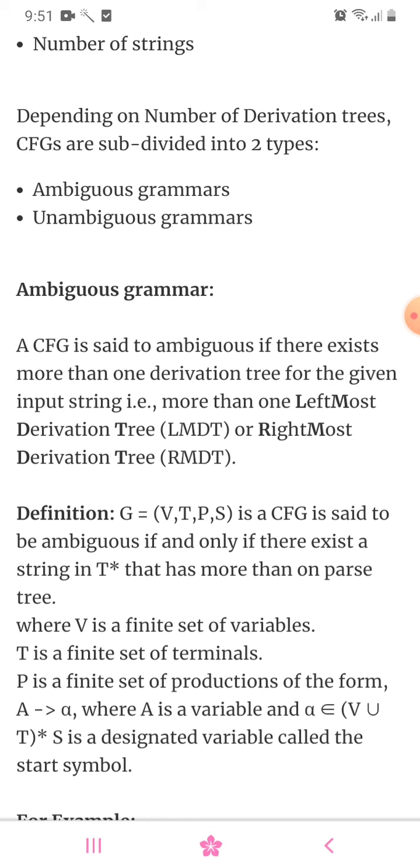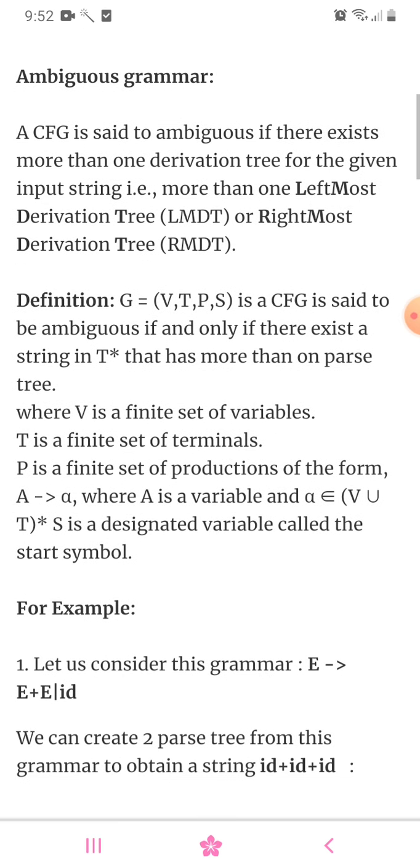A CFG is said to be ambiguous if and only if there exists a string in T star that has more than one parse tree, where V is a finite set of variables, T is a finite set of terminals, P is a finite set of productions of the form A gives alpha, where capital A is a variable and alpha belongs to (V union T) star, and S is a designated variable called the start symbol.